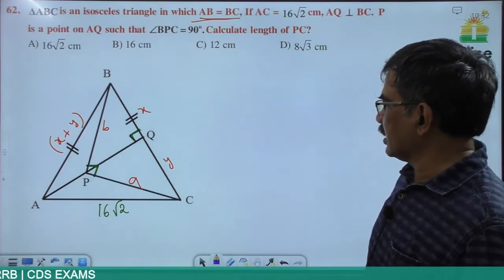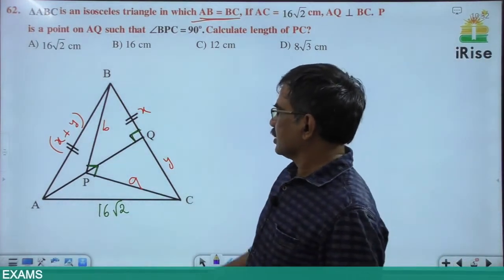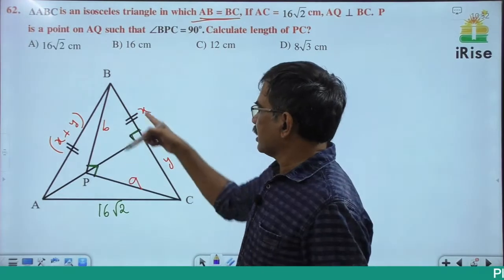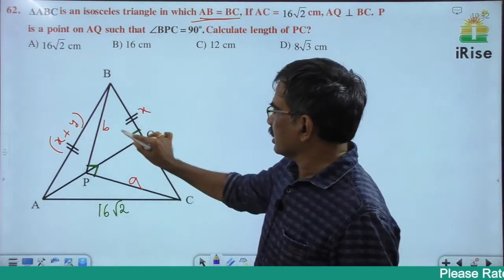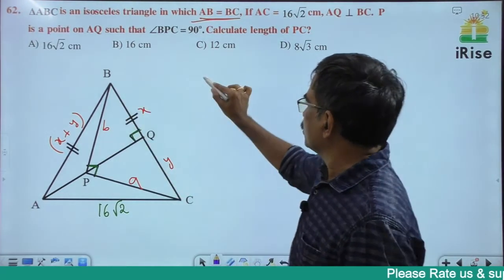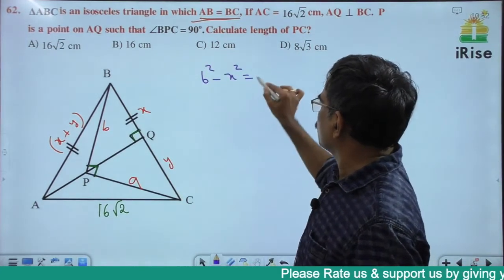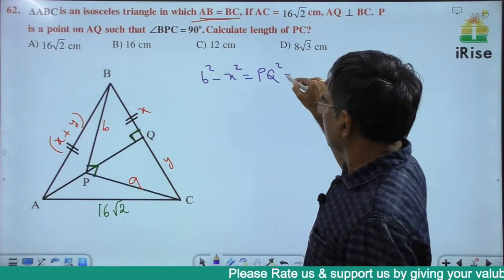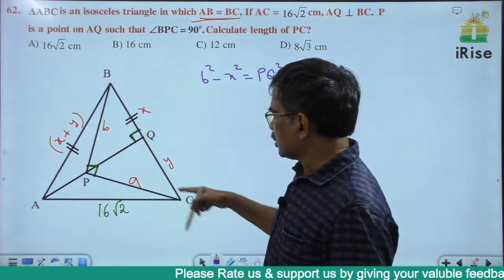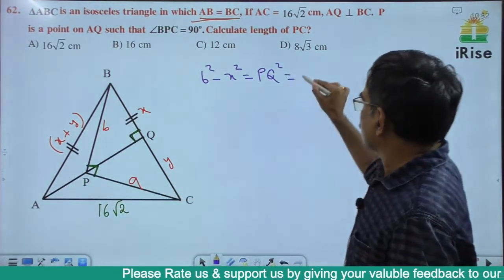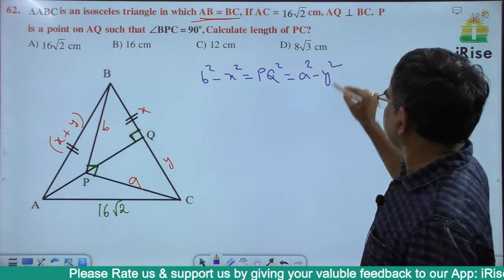Here we have different conditions. This is a triangle, and this is a right angle triangle. B is the hypotenuse, so B square minus X square is equal to PQ square. Similarly, from this triangle, PQ square is equal to A square minus Y square.